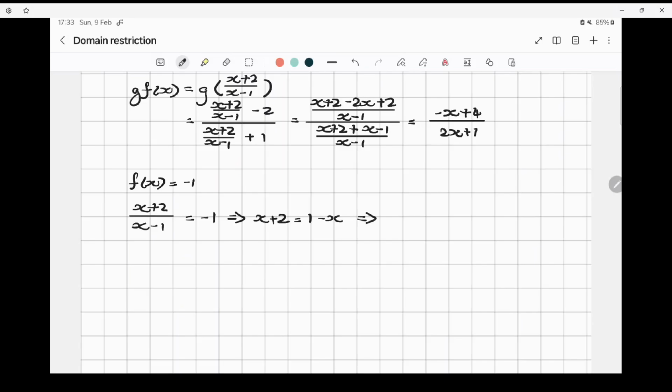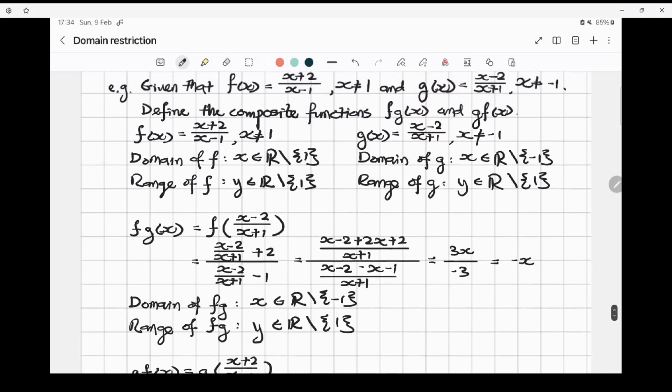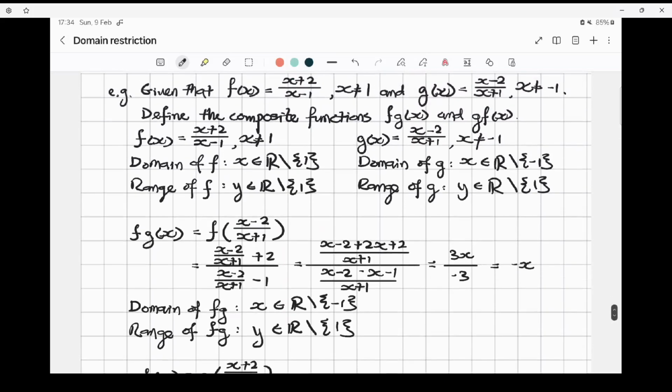So this also means that 2x equals to minus 1, or x equals to minus 1 over 2. So this is one point that you need to avoid, so that your range of f will exclude minus 1 as well, so that the range of f is a subset of the domain of g.